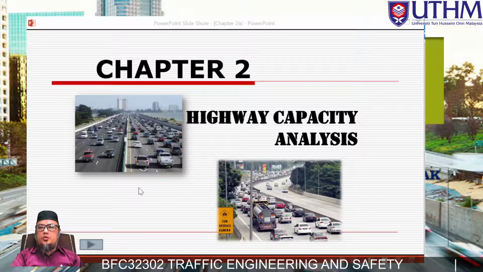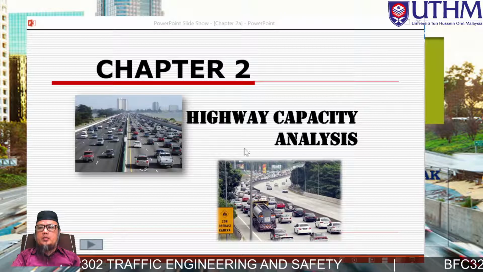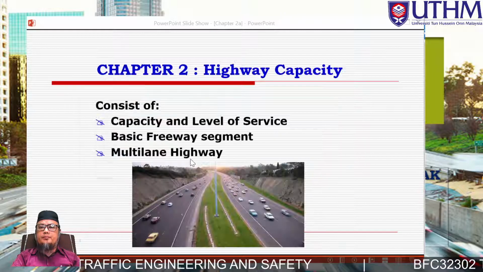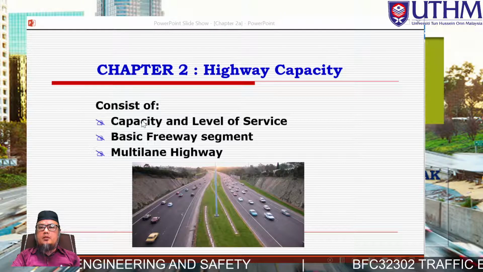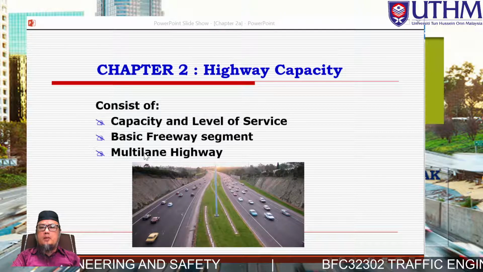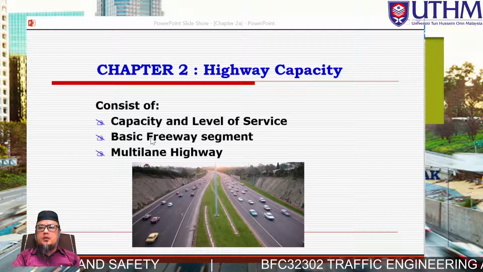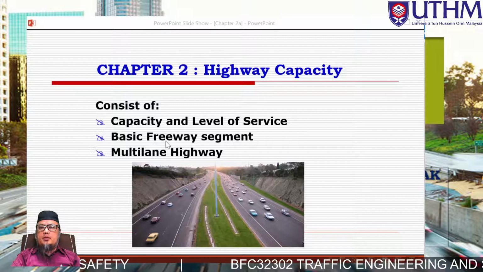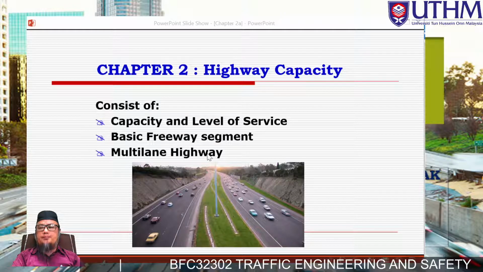Okay, today we're going to learn chapter 2, highway capacity analysis. In this chapter we will cover the following subtopics. First, capacity and level of service, followed by basic freeway segments and multi-lane highways.